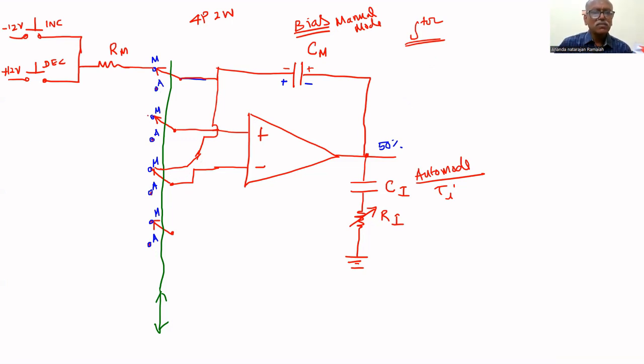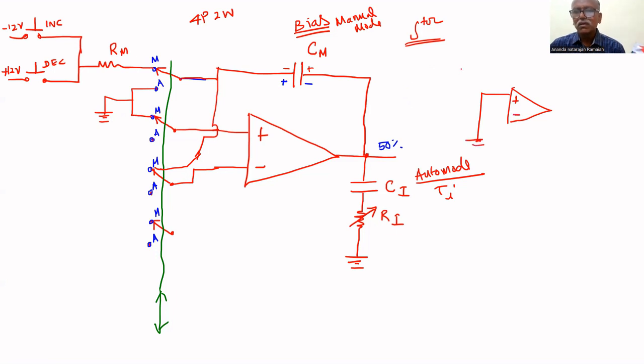This positive terminal is under ground. This circuit can be drawn like this. This plus terminal is grounded.